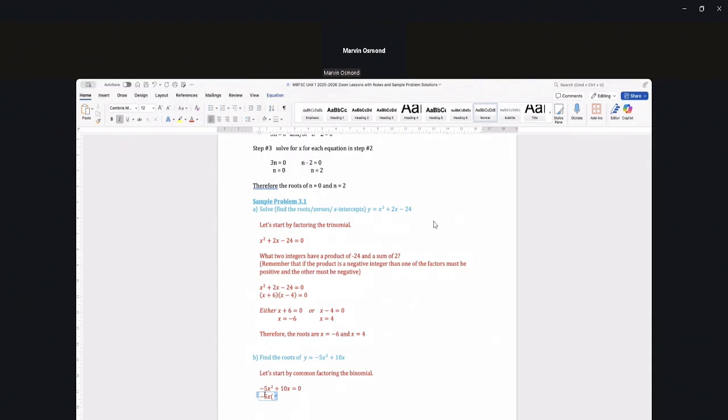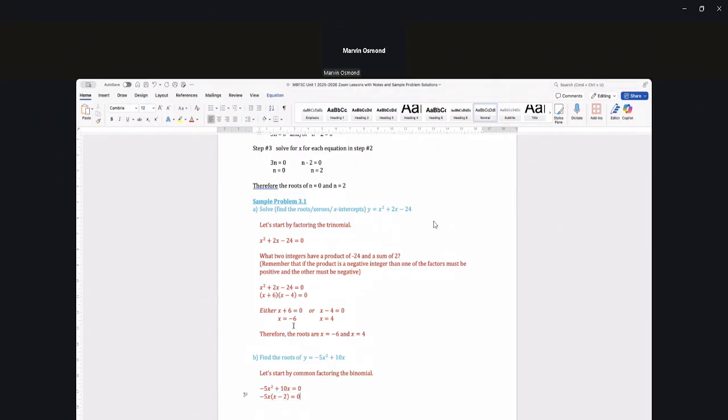Negative 5x squared divided by negative 5x is x, because negative 5 divided by negative 5 is positive 1, and x squared divided by x is just x. Positive 10 divided by negative 5 is negative 2, and we've common factored the x out already. So that's going to equal 0.